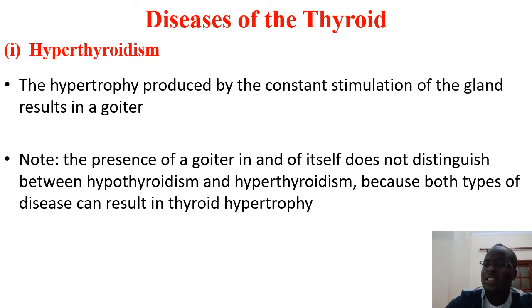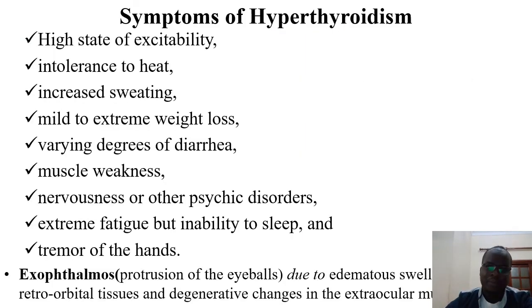In both cases, you're going to see the goiter. So the presence of the goiter is not pathognomonic for hyperthyroidism. For that clinical sign, you need to do some more investigations to come up with the definitive diagnosis, whether it's hyper or hypothyroidism.